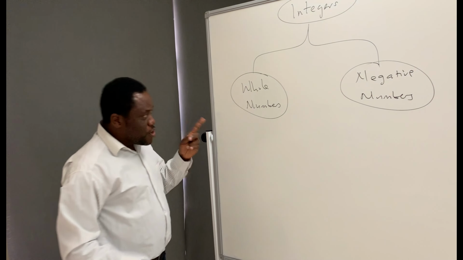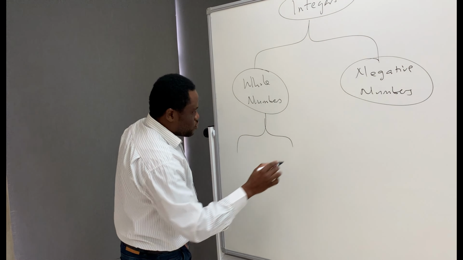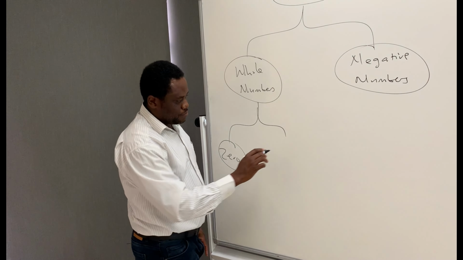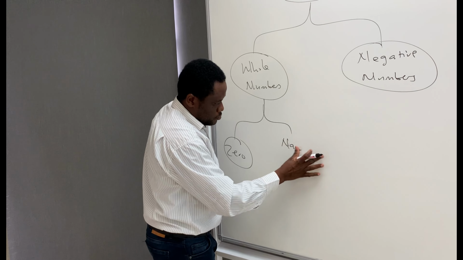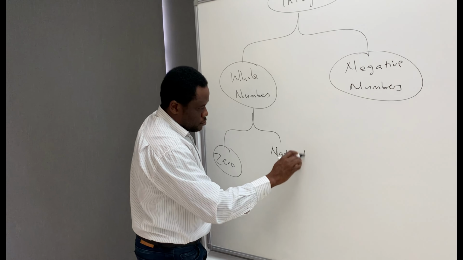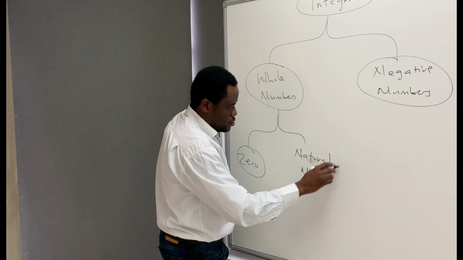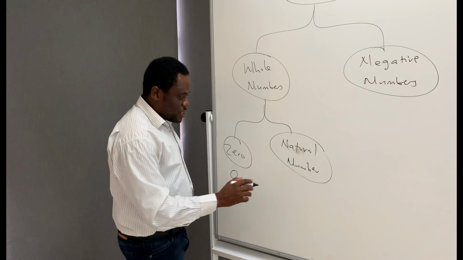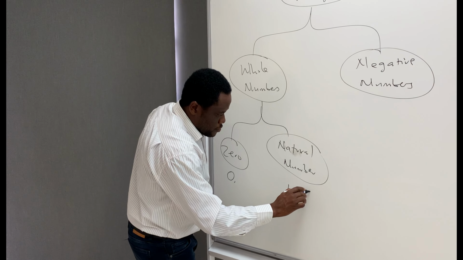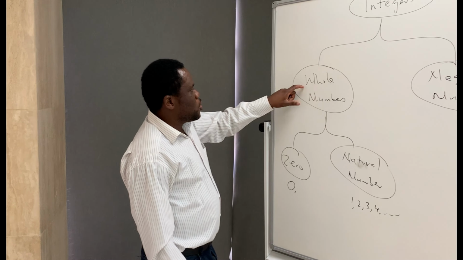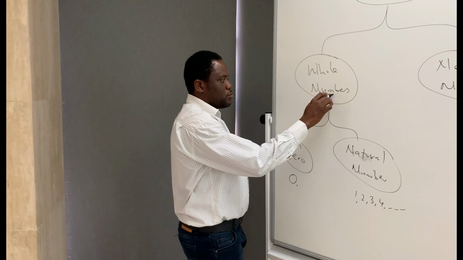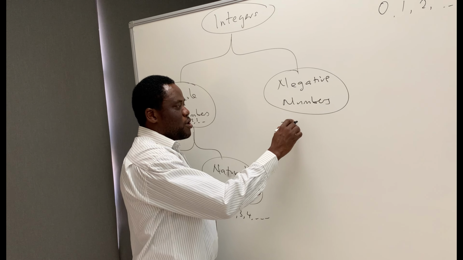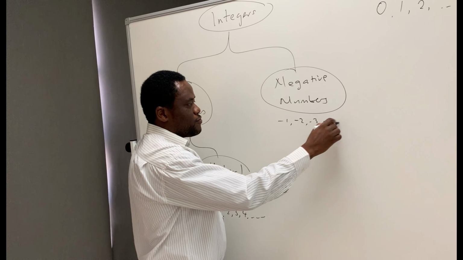Don't forget, the whole numbers are divided into two: 0 and natural numbers. Natural numbers are 1, 2, 3, and so on. Whole numbers are 0, 1, 2, 3, and continue. And the negatives of natural numbers are -1, -2, -3, -4, and continue.